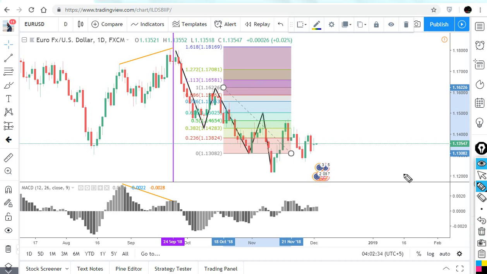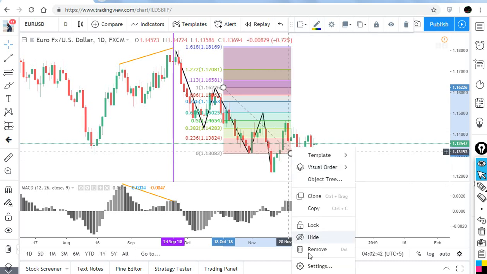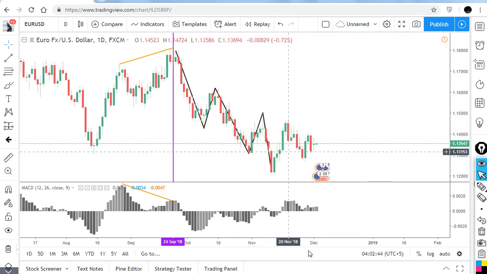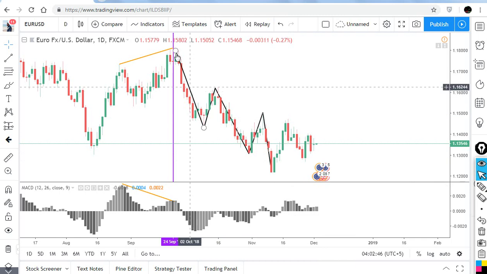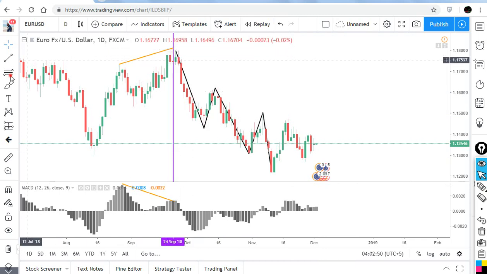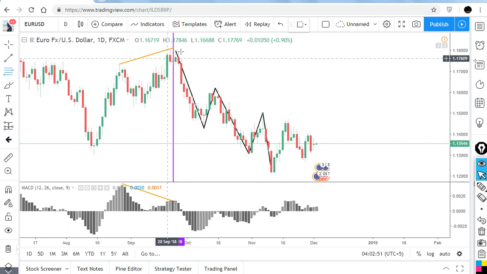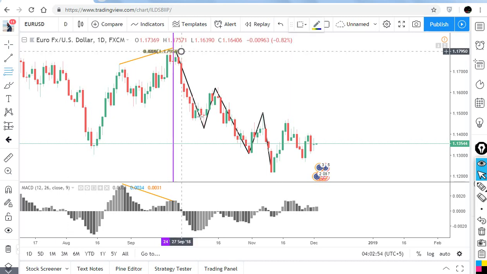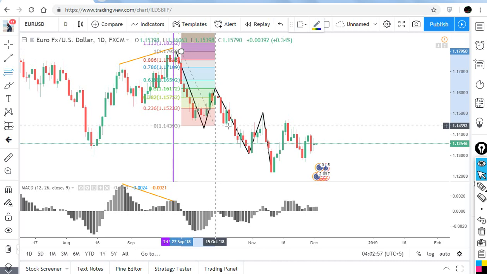So we are taking this in another style. First we trace our Fibonacci from wave number 1 to wave number 2 correction, right? So we take another Fibonacci retracement for checking this, to give us the clue.